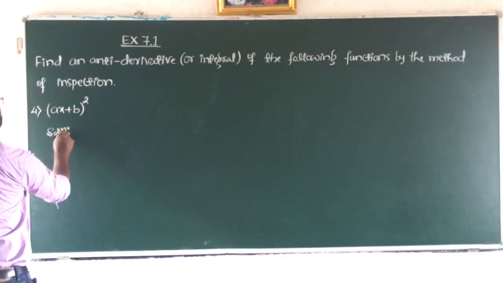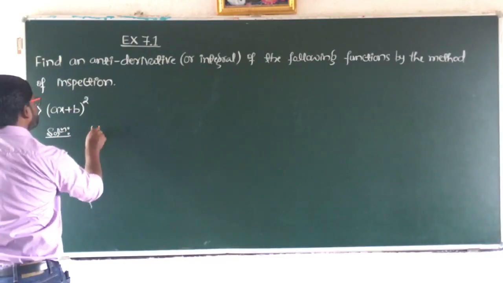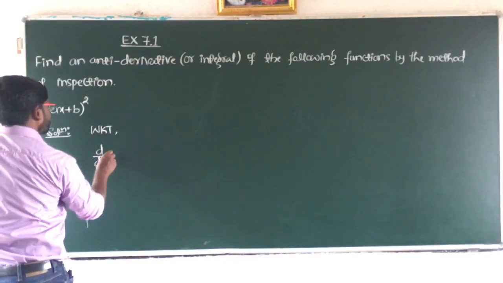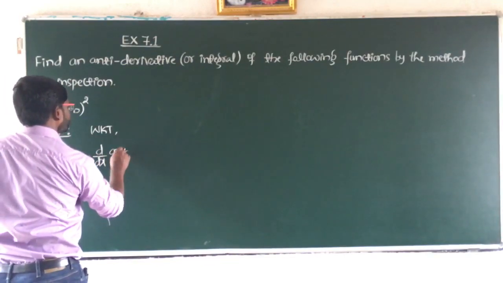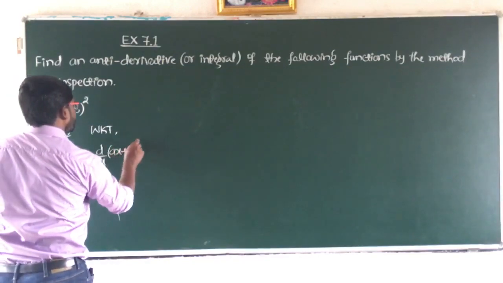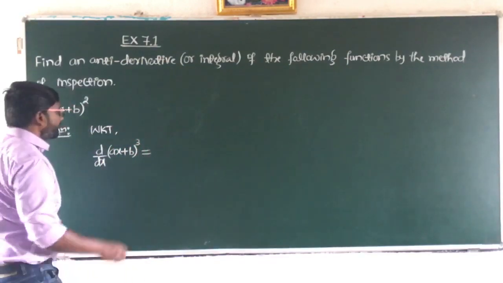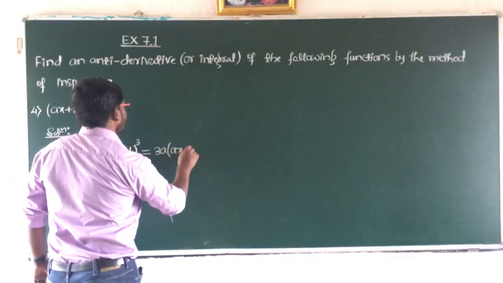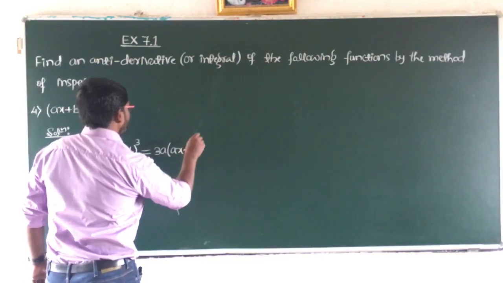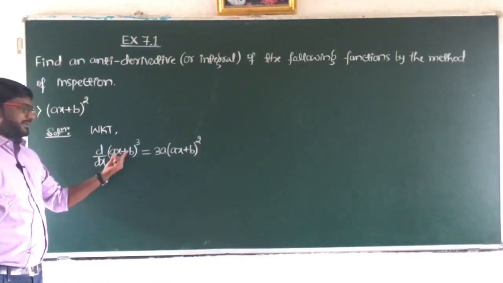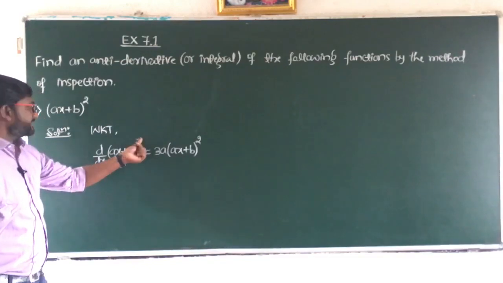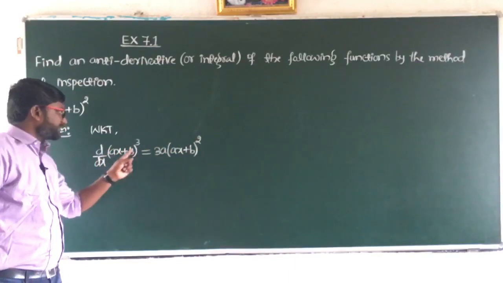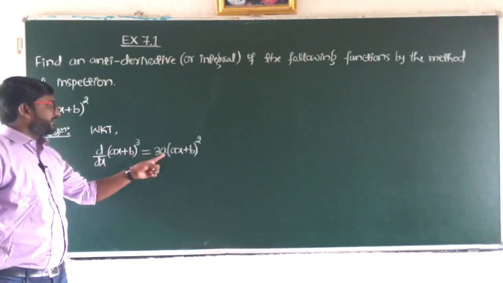See here, we know that d by dx of ax plus b the whole cube is equal to 3a into ax plus b the whole square. This is in the form of x to the power n, whose derivative is n into x to the power n minus 1, and then the derivative of the inside function ax plus b is a, which I have written here.